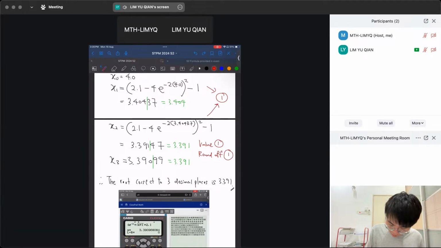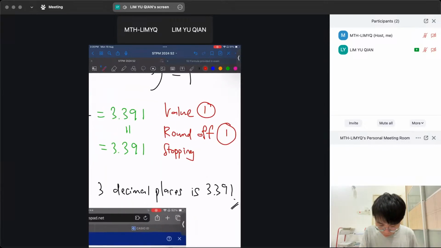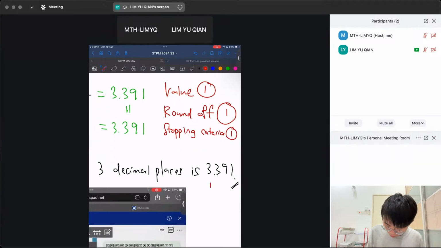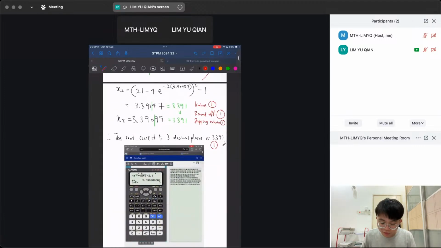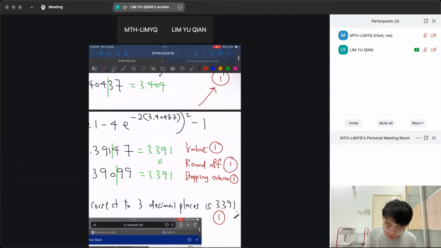You know when to stop, which means these two are equal. Your conclusion is 1 mark: your final answer 3.391. Final value.